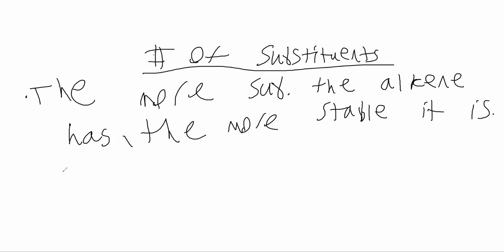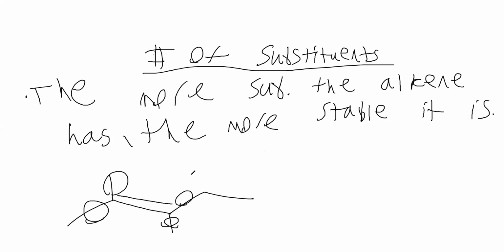But just to give you a sort of pattern, I'm just gonna come up with a substrate. If the double bond is here, that's tetrasubstituted because it has 1, 2, 3, 4 substituents. So that would be very stable.